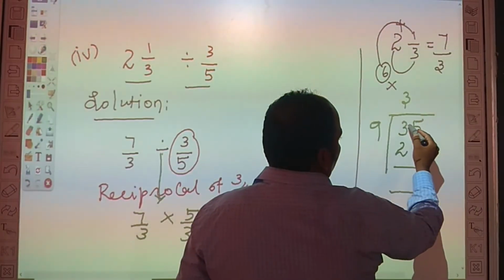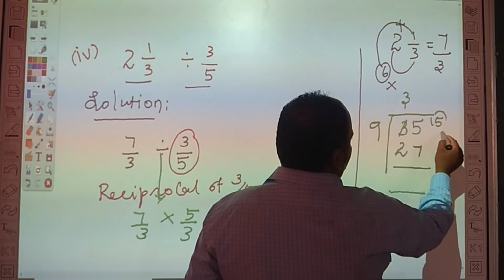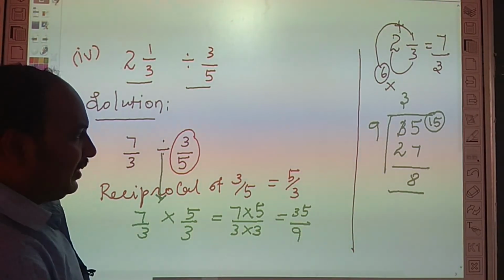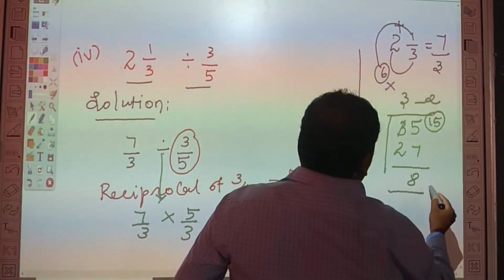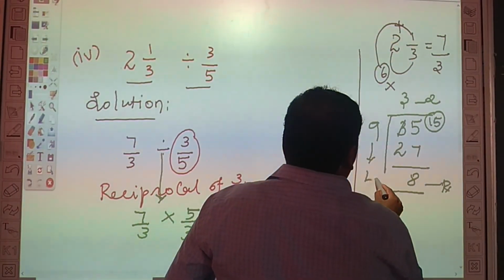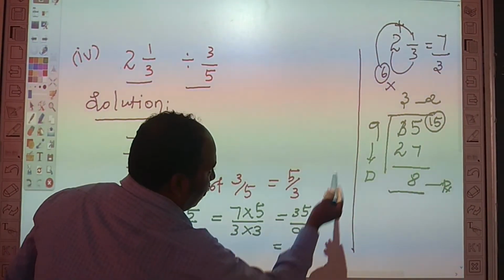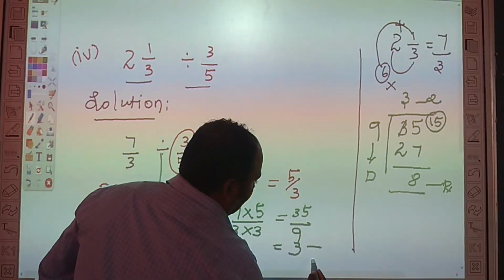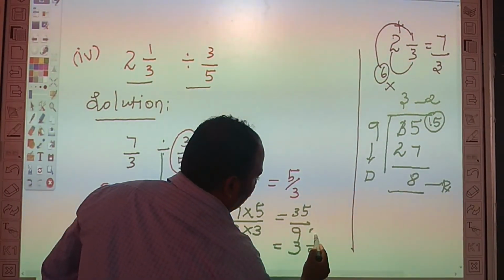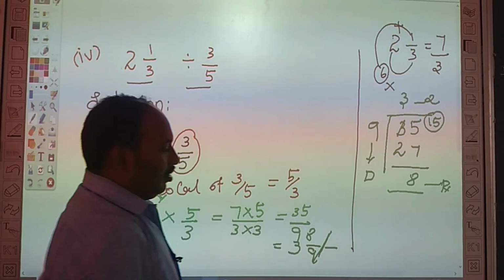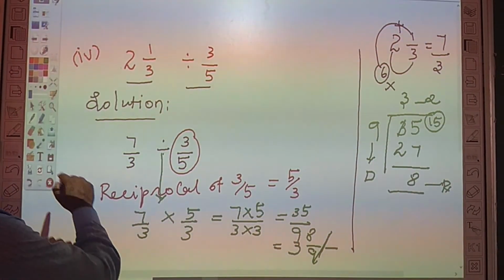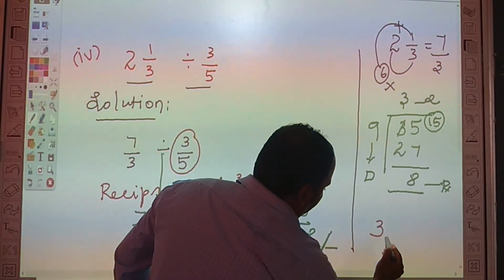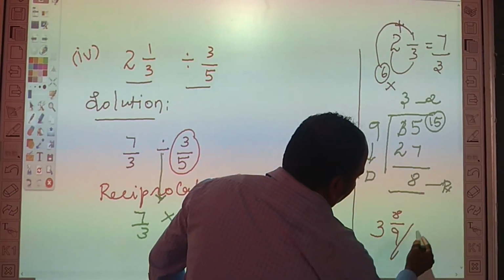Then 35 minus 27 is equal to 8. Quotient 3, divisor 9, remainder 8. So our answer is 3 into 8 by 9.